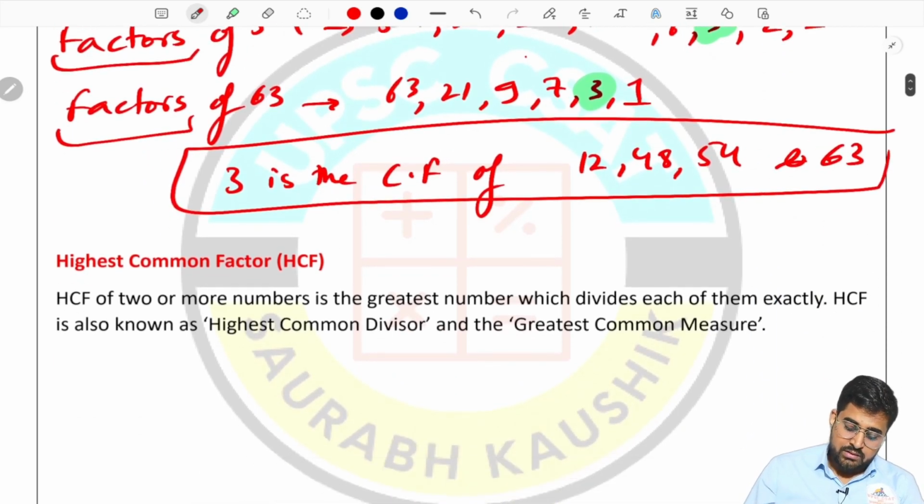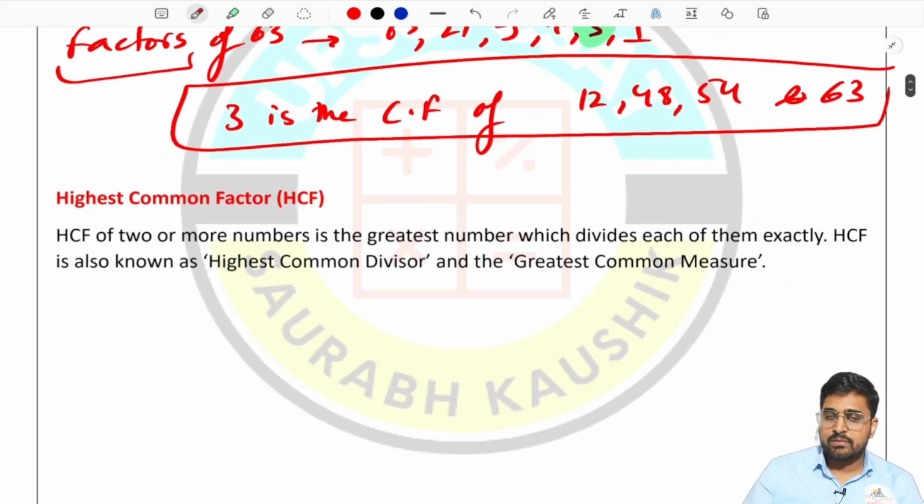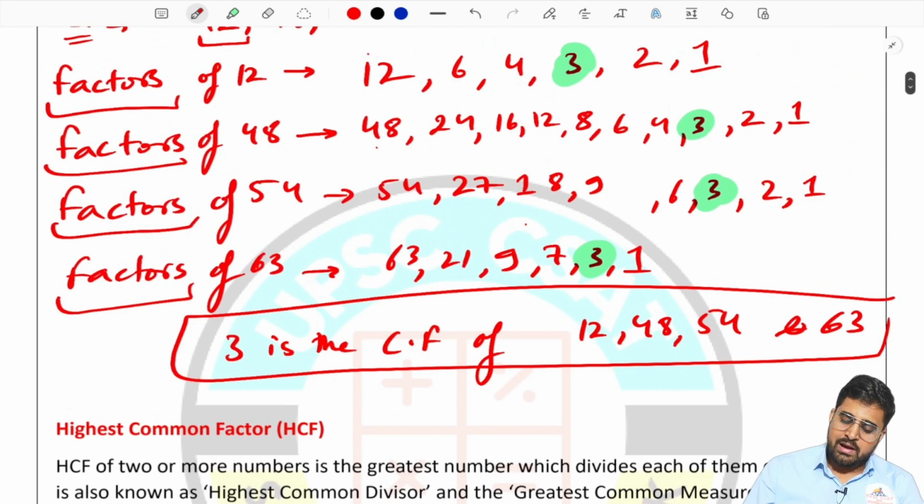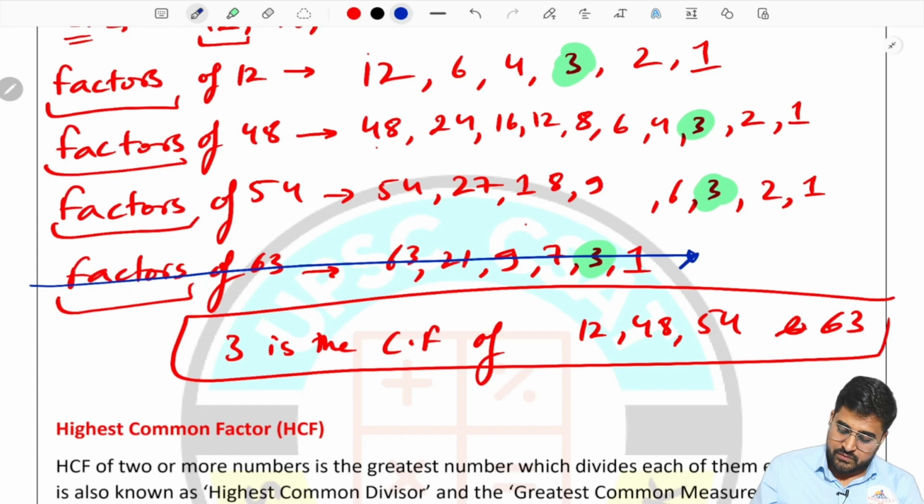Now let's focus on the highest common factor. There may be a chance that you have multiple common factors. For the sake of example, let us not consider 63, just for the time being.